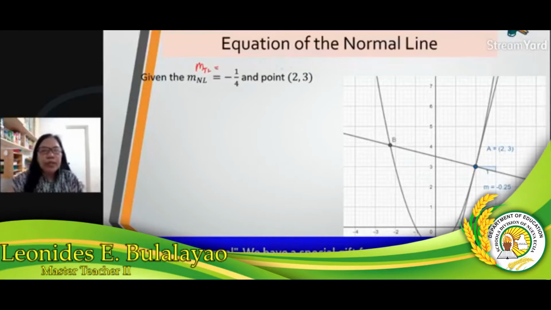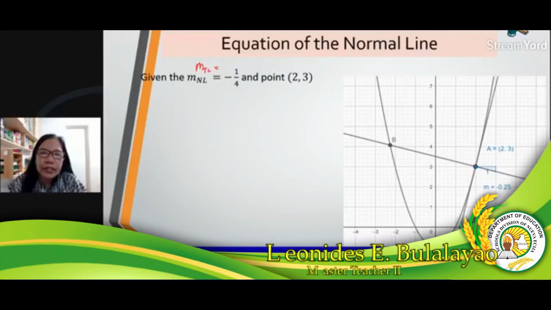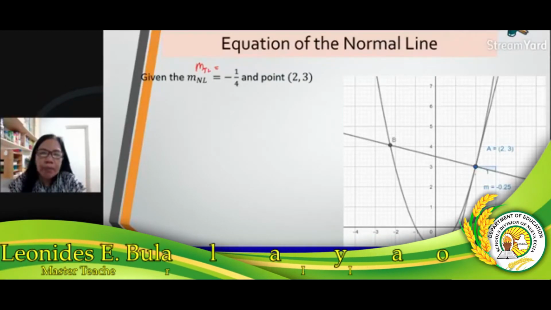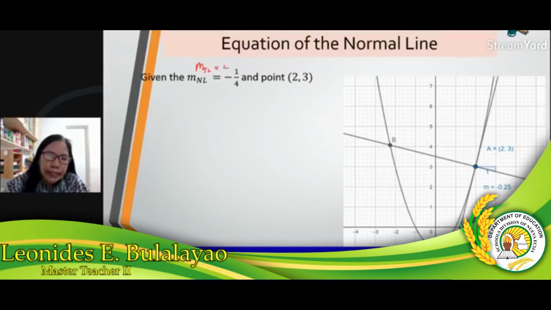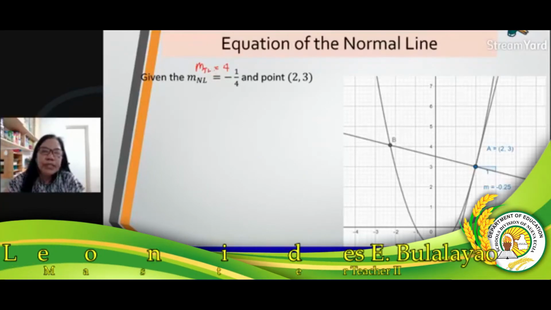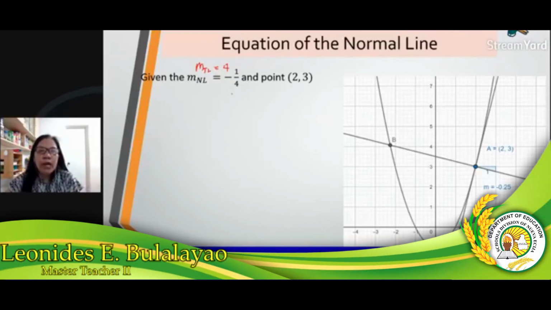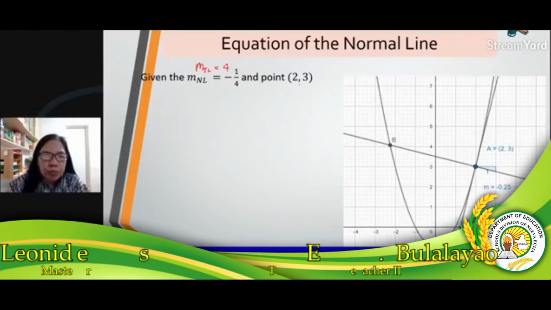The normal line is the line perpendicular to the tangent line at a particular point. If the slope of our tangent line is 4, the negative reciprocal of this slope is the slope of our normal line. So if the slope is 4, the negative reciprocal is negative 1/4, and it is passing through (2, 3).